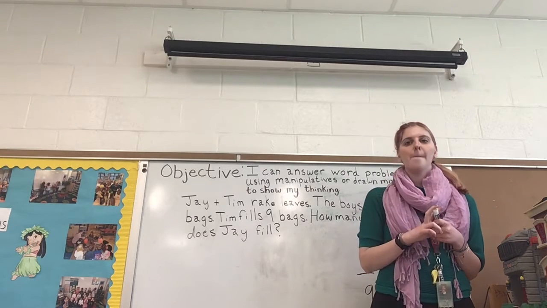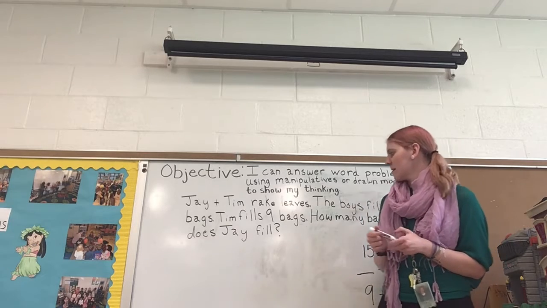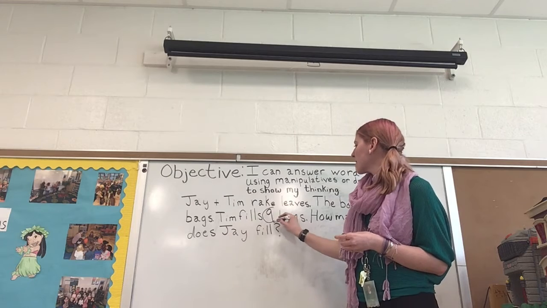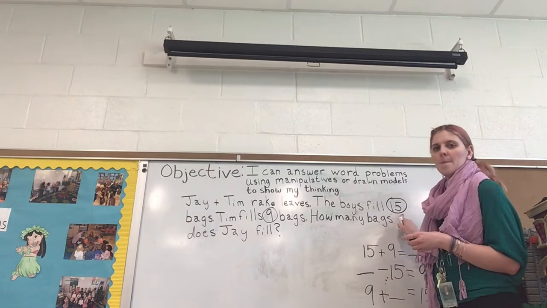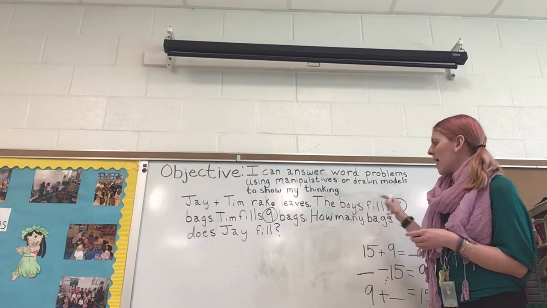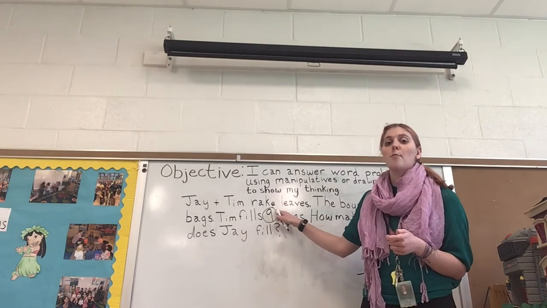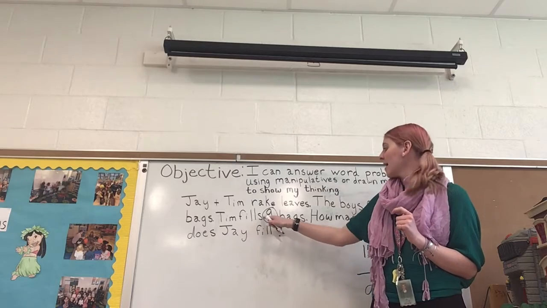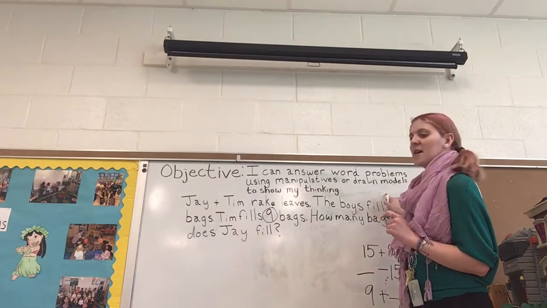What is it? The number of bags Tim filled. And how many bags did he fill? 9. So it gives us the total number of bags, and the number of those bags that Tim filled. So he filled 9 of the 15 bags.